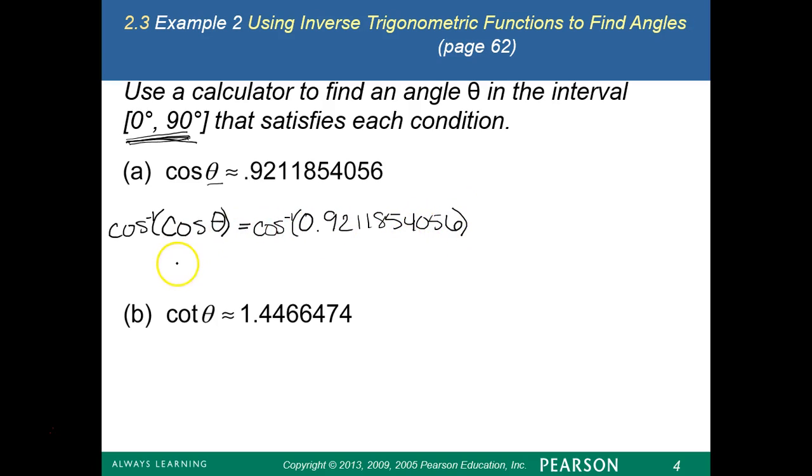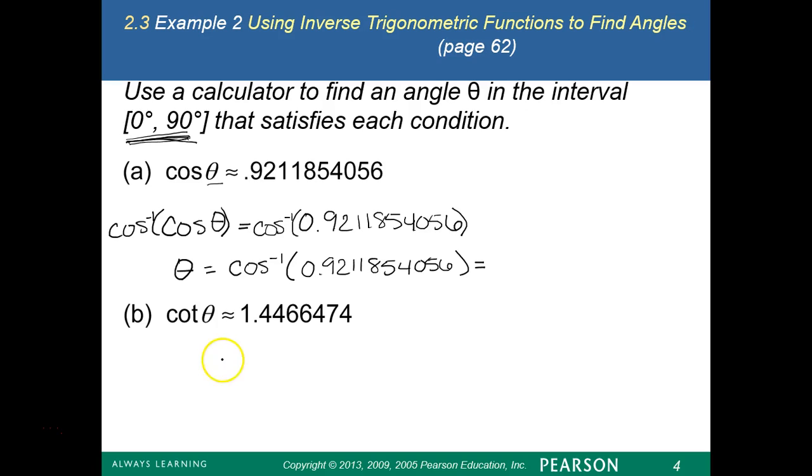So the inverse cosine of cosine theta gives us theta. So theta is equal to cosine inverse of 0.9211854056. And this angle is going to give us a degree. Whenever you plug this into your calculator, it's in degrees, as long as your mode is in degrees, or else it'll give you a radian measurement.